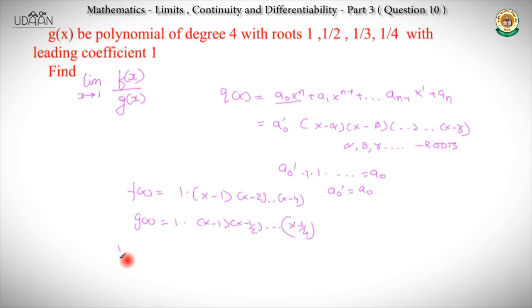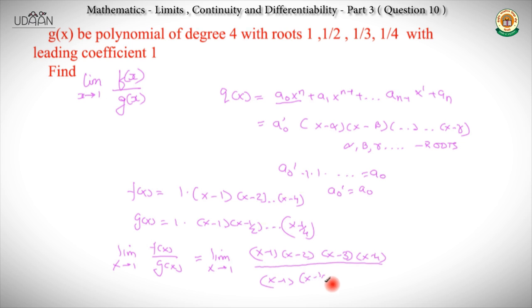So now in the question we have to find limit x tends to 1 of f of x by g of x. So it becomes limit x tends to 1 of x minus 1 into x minus 2 into x minus 3 into x minus 4, divided by x minus 1 into x minus half into x minus 1 by 3 into x minus 1 by 4.